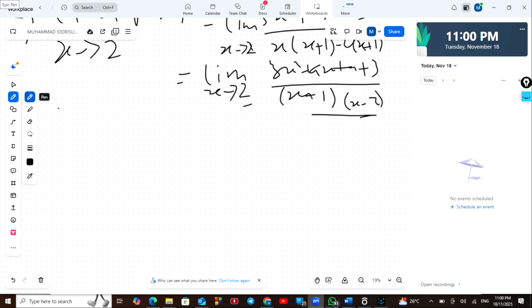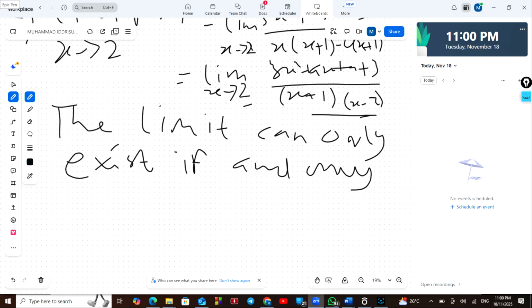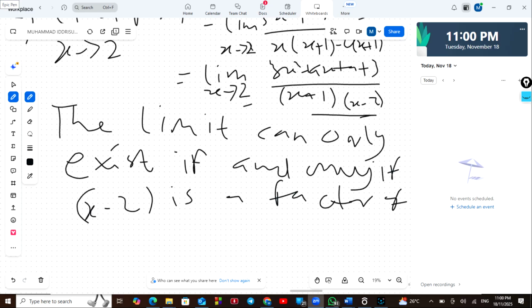So the limit can only exist if and only if x minus 2 is a factor of 3x squared plus ax plus a plus 3.